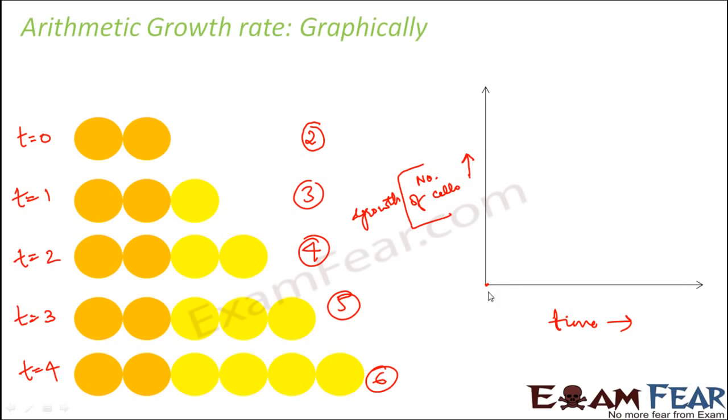Let us suppose this is 0, 1, 2, 3, 4, 5, 6, and again here 1, 2, 3, 4, 5 and 6. Now it will become easy for us to plot it. When time is equal to 0, the number of cells is 2. So this is my first point.